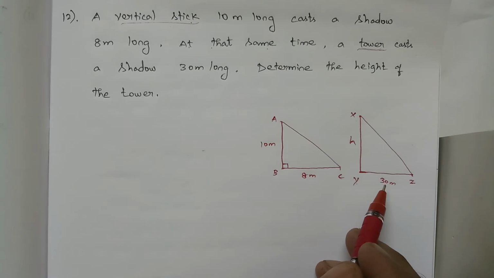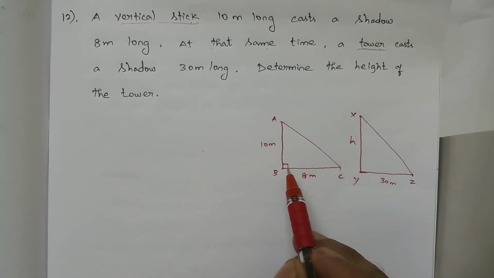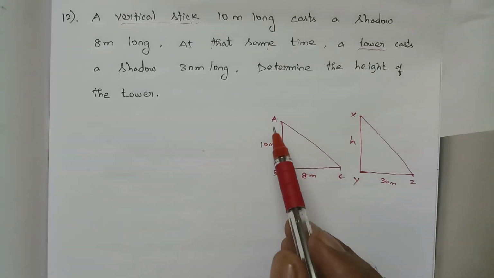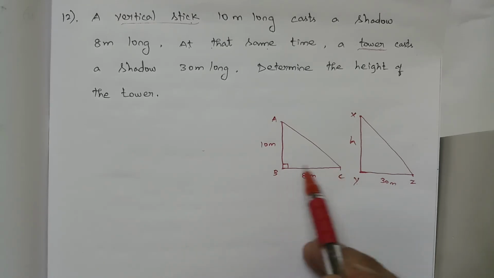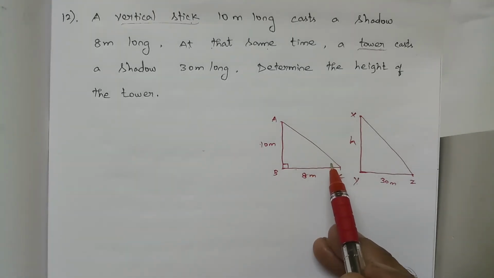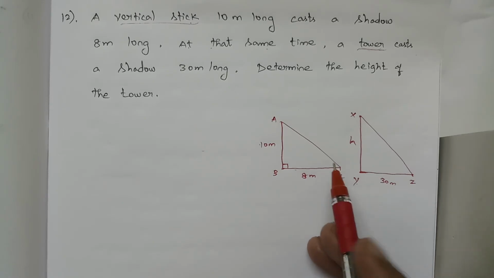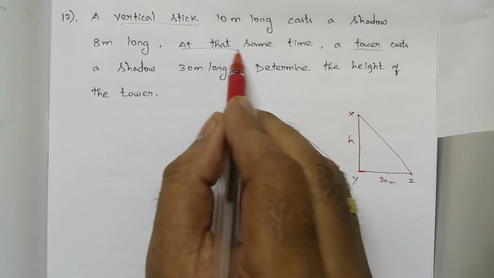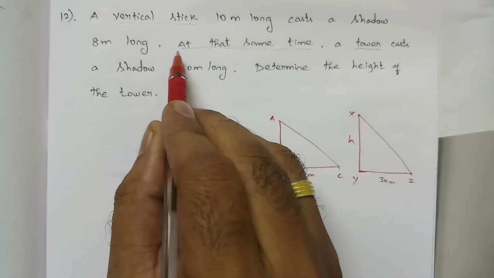But we have a clue. What is the clue? The first triangle: the vertical stick and the shadow of the vertical stick. We know the two sides, and with the help of the two sides I'm going to find the angle of elevation. They have said at the same time. What is the meaning of at the same time?